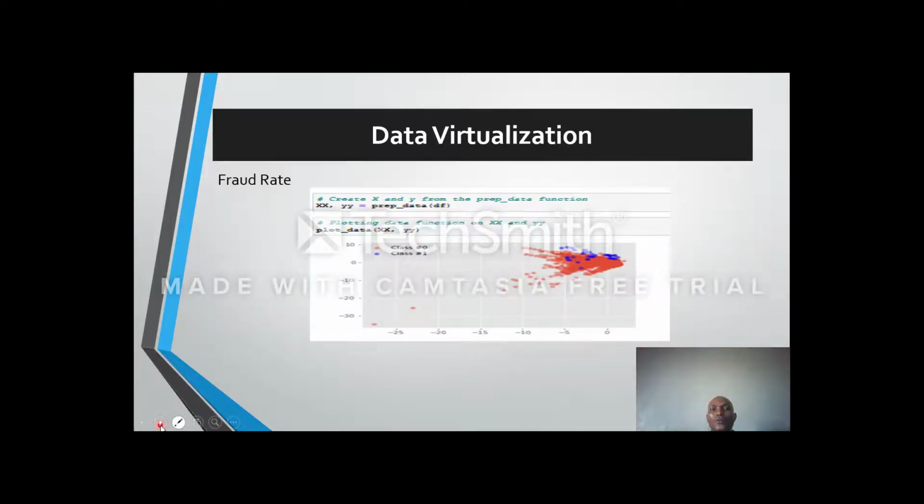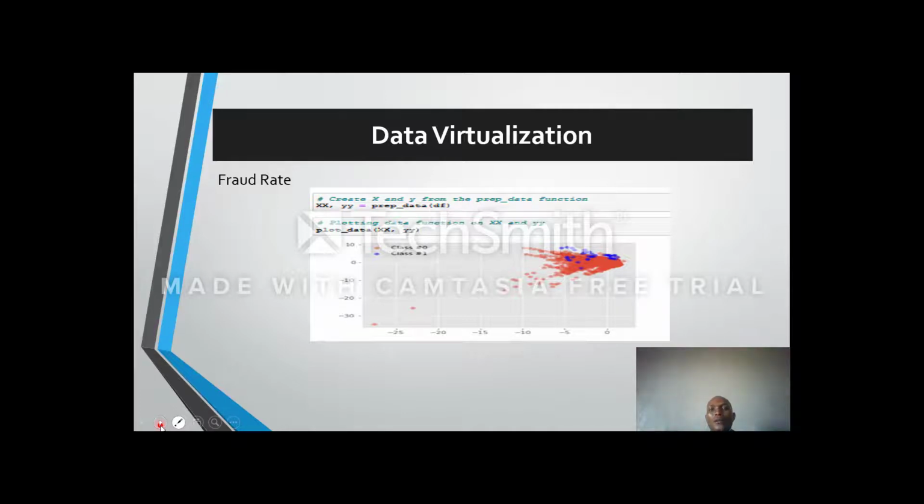Now let's go to the fraud rate. Let us see the rate at which you have fraud compared to non-fraud in the data set.